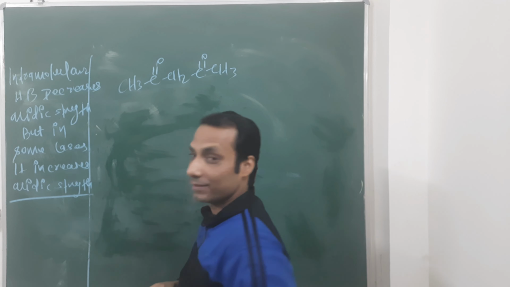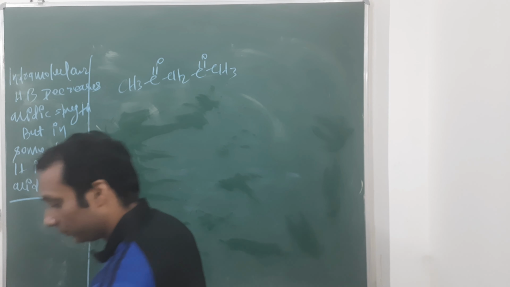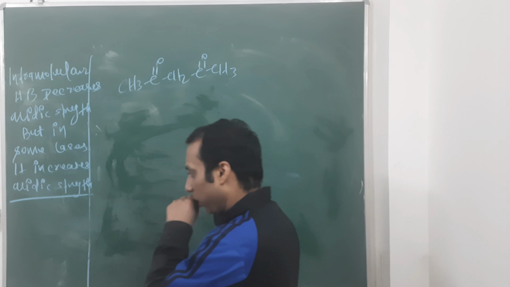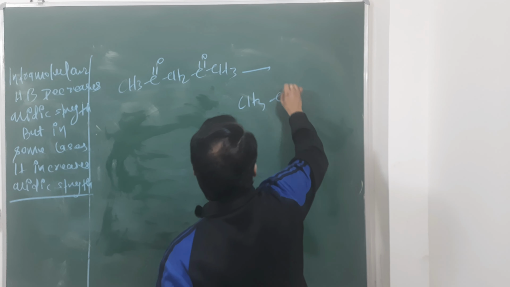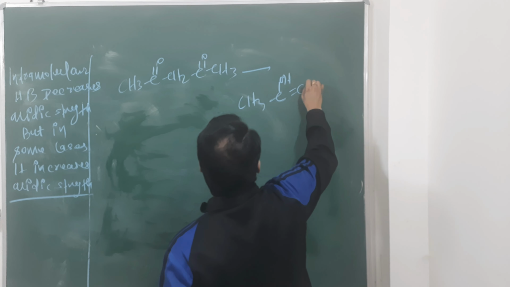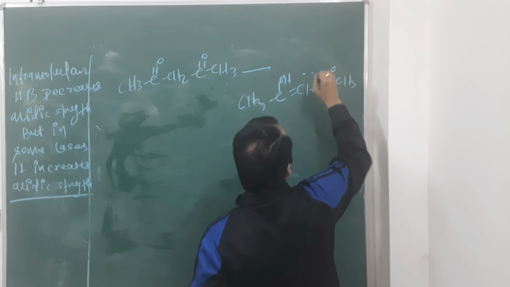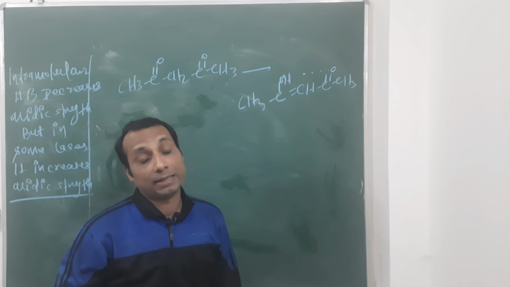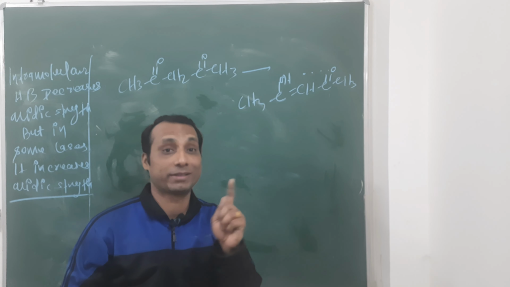One reason is that it forms more enol content, because what will happen? CH3 C(OH) double bond CH C double bond O CH3. Correct? So here is the intramolecular hydrogen bonding, where a chelate ring is formed, and between the intramolecular hydrogen bond the chelate is formed, which will form the more stable compound.